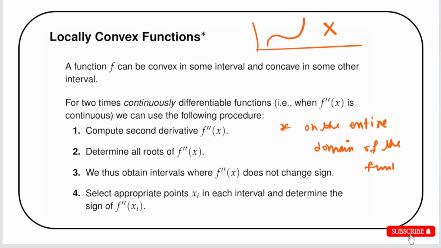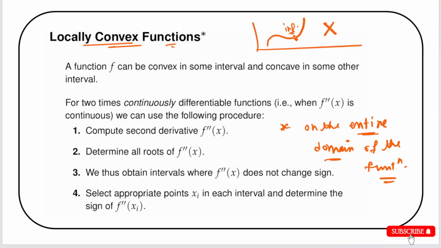And this is an important thing, you sometimes get questions on this, that concavity and convexity has to be on the entire domain. So why are we defining these locally convex functions? Because they are important to find something called the inflection point. So inflection point is a point that we will be coming to in the optimization video later on. So inflection point is a point which will give you this break, in which the function either changes from concave to convex or it is changing from convex to concave, right?